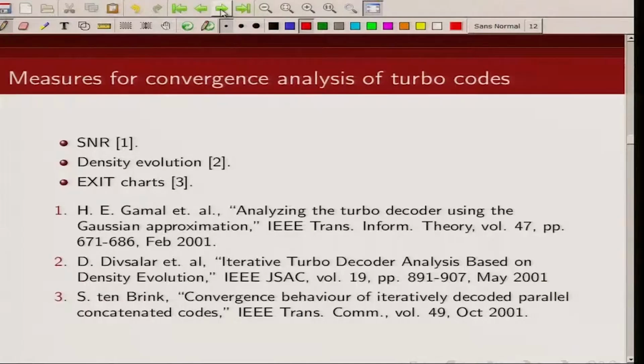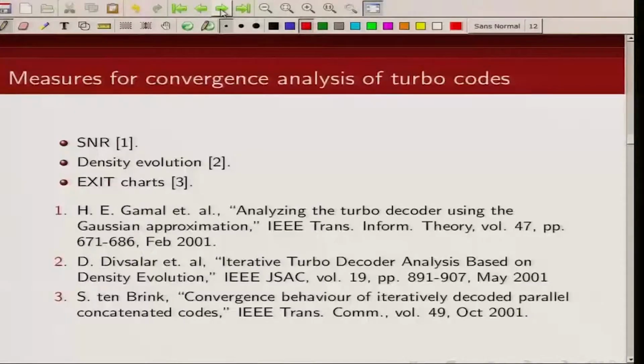So, as I said, there are three popularly known techniques for convergence analysis, and the idea of these techniques is they track one parameter related to the extrinsic information and track the same parameter related to the a priori information.